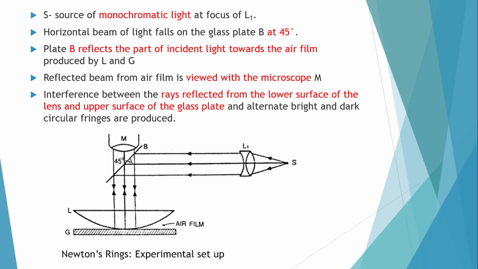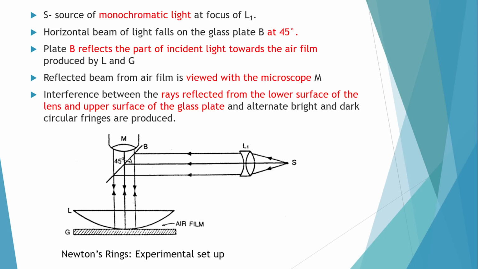The light coming from the monochromatic source is made parallel by the lens L1 and it is incident upon a glass plate B. The glass plate B is inclined to the horizontal axis at an angle of 45 degrees. Parallel rays of light incident upon glass plate B reflect.